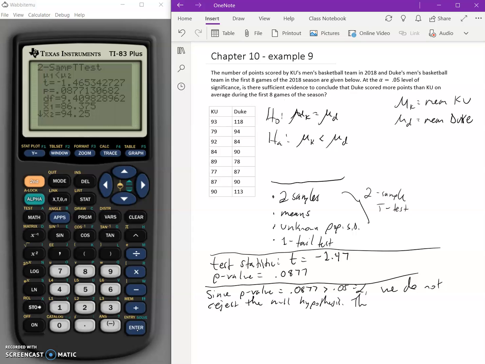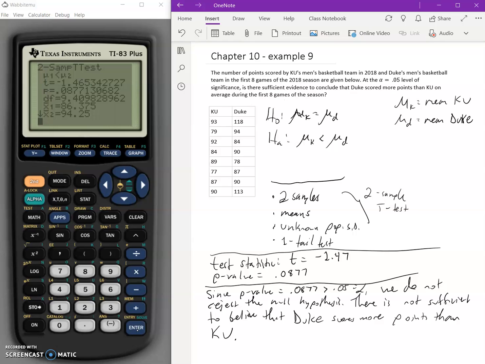There is not sufficient evidence to believe that Duke scores more points than KU. Now, this is something where there's some pretty decent evidence.